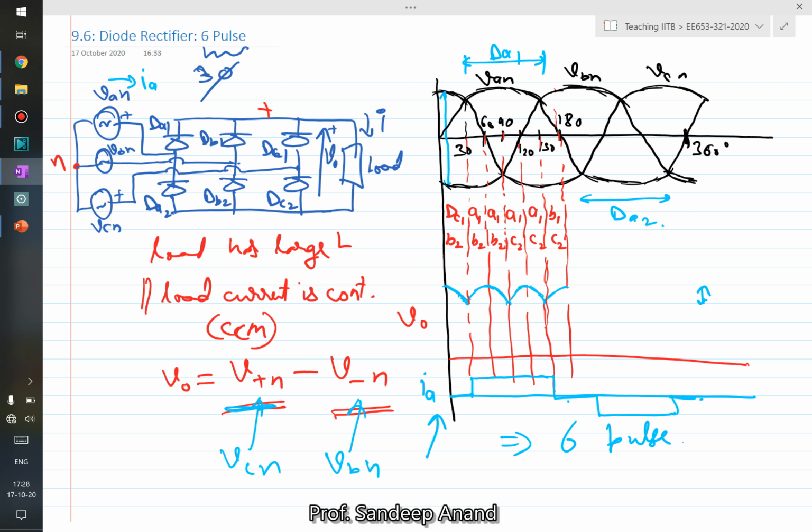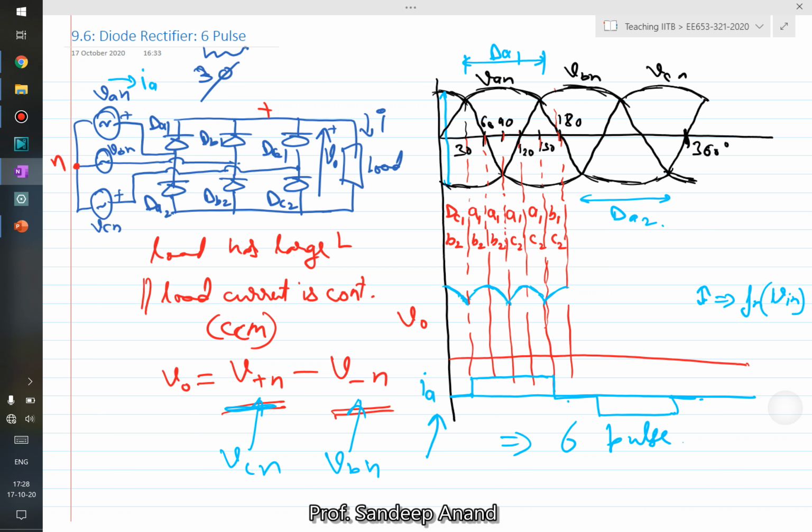That part we would probably do sometime later, but another immediate motivation that you can see here is that the output voltage waveform is a function of input voltage. So if your input voltage changes, your output voltage also changes. But you do not have any control over output voltage other than the input voltage.